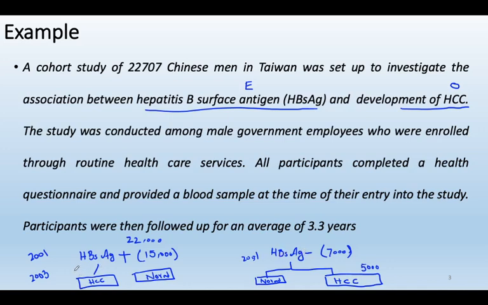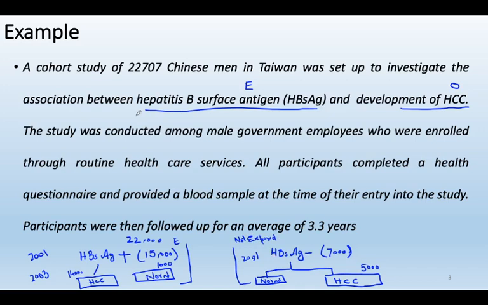And over here we say that out of 15,000 individuals, let's say 14,000 individuals stand affected with liver cancer, while the normal individuals remain 1,000. So this whole group is called the exposed group, as we have discussed in the last slide, and this is called the not exposed group. Okay, so this is how the study design works.